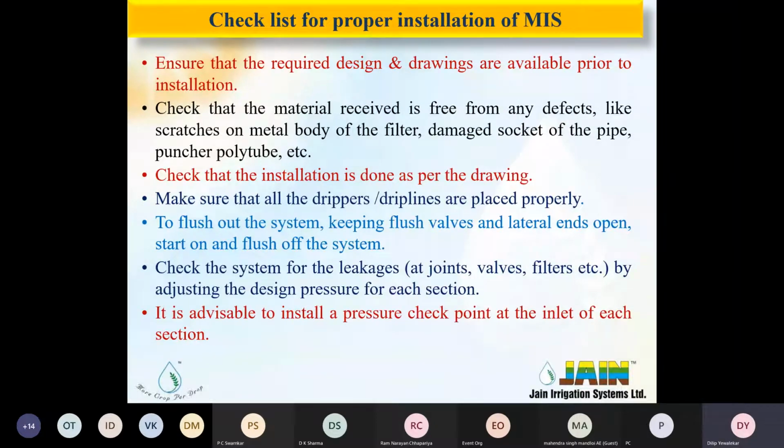Now, before doing installation, some checklist has to be followed so that the system can function properly. If a farmer wants to install a drip system, what does he have to check? First, ensure the design has been made by a properly authorized design engineer, and then check the material received at the site.